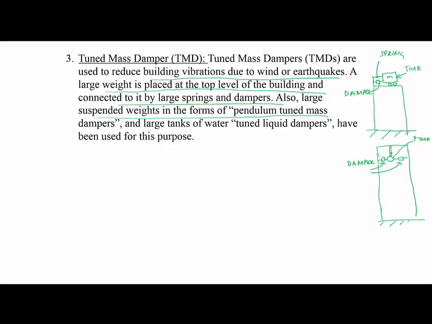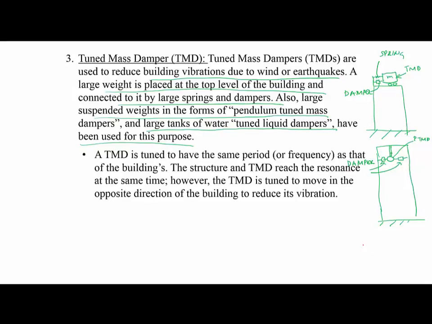We can also have a large tank of water, and the sloshing of water basically provides damping of the vibration of the structure. A tuned mass damper is designed such that it has the same period as the period of the building, and it is tuned so that if the building goes to the right, the tuned mass damper goes to the left, and the other way around.